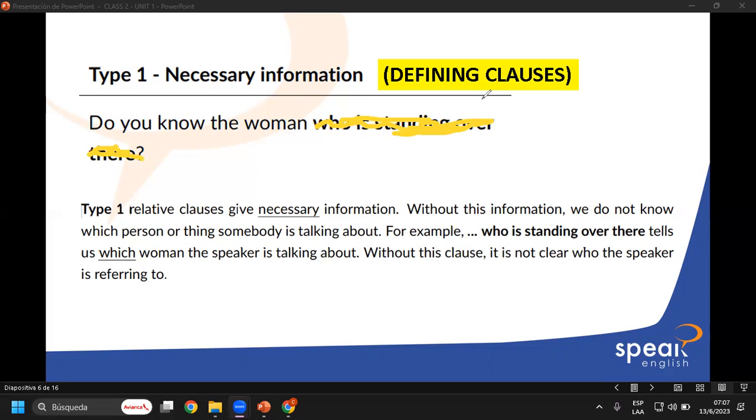In this case, it's like something is missing, right? I mean, which one? Which woman? We don't know exactly the woman that the person is talking about. That's why in type 1, we cannot omit the information. Understood? Any questions so far?